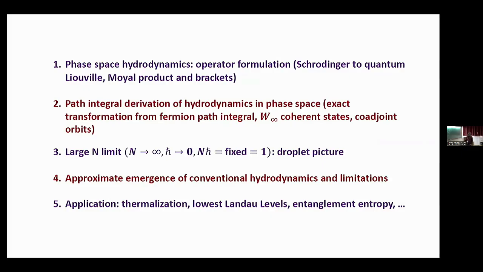It will involve an exact transformation from fermion path integrals. So it's really a derivation using the complete set of W-infinity coherent states. W-infinity is an algebra of one-particle Hilbert space, somewhat like SU(infinity), but it's a little subtle.